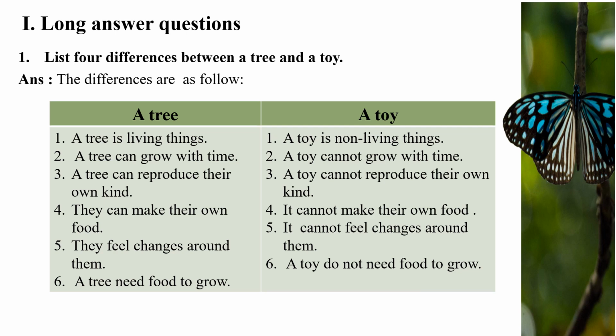A tree can make its own food, but a toy cannot make its own food. A tree can feel changes around it, but a toy cannot feel changes around it. A tree needs food to grow, and a toy does not need food to grow.